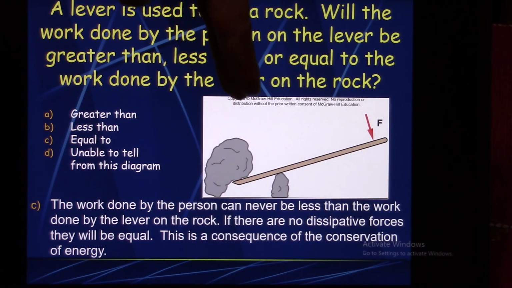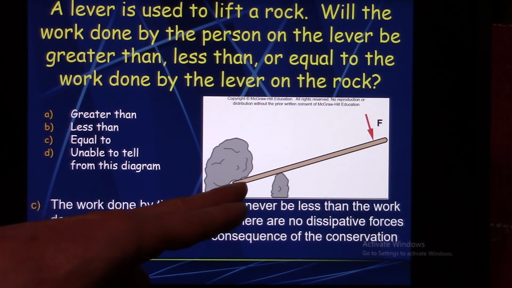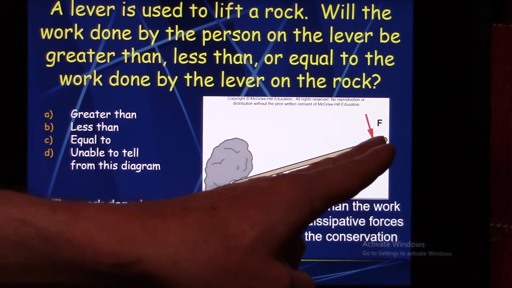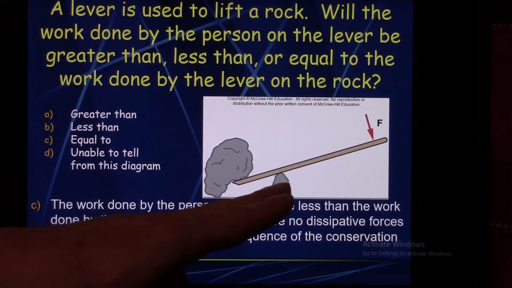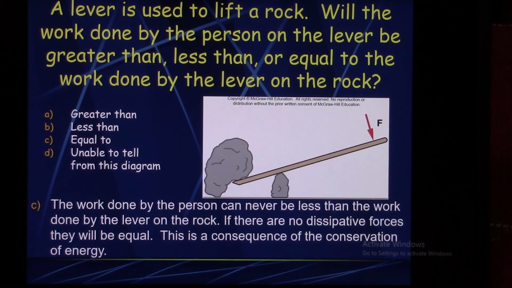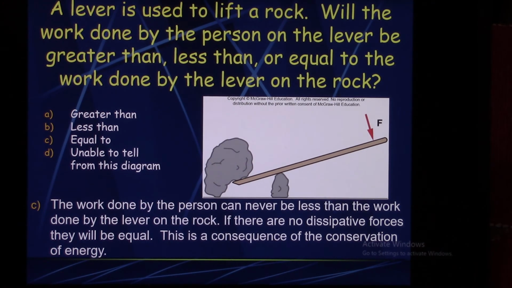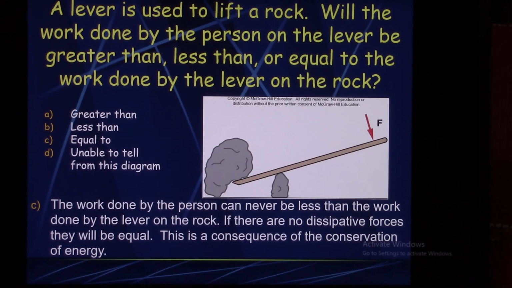So all they're saying is that you're doing as much work over here as what's happening here to lift a rock, but the difference is you've made up the difference because you have to move this a farther distance, right? So your force is decreased here, but the distance is increased, and work is equal to force times distance, right? Here it's force times distance, but it's a shorter distance, okay?